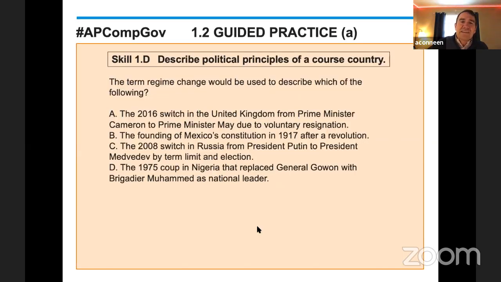So some practice today as we look more at all these terms that define political organizations. I'm going to put some multiple choice, and then I've got some sample FRQ here.